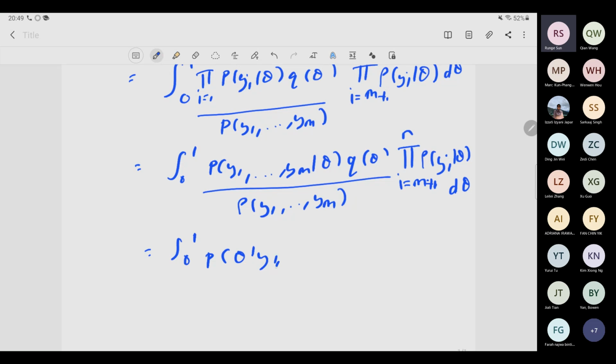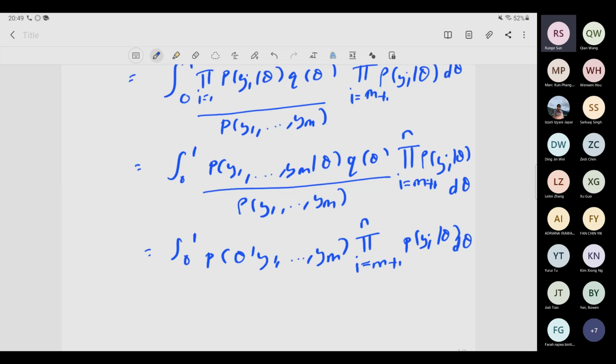Posterior given y1 to ym. Okay, so this is actually the answer. Well, it's the other way around, but it's actually the answer that you want.